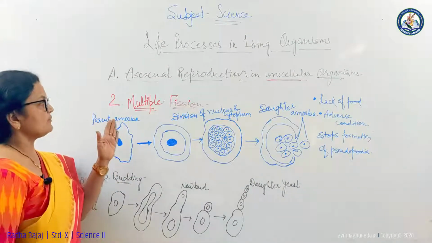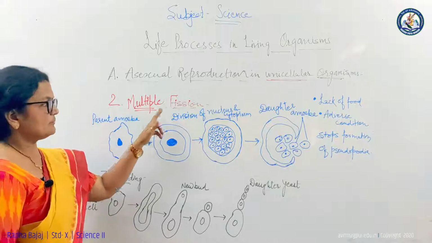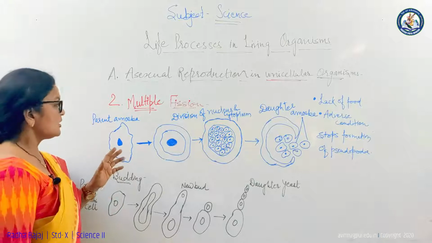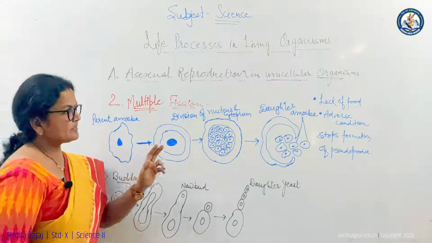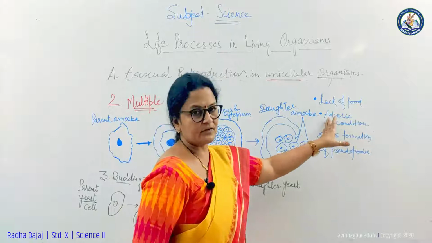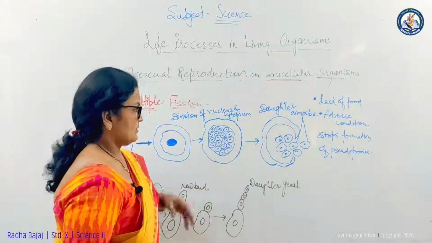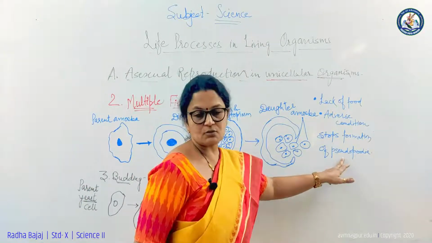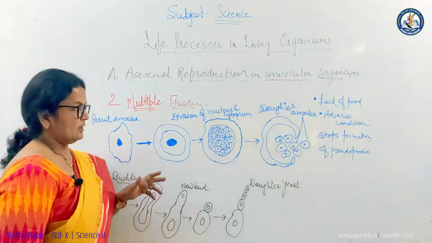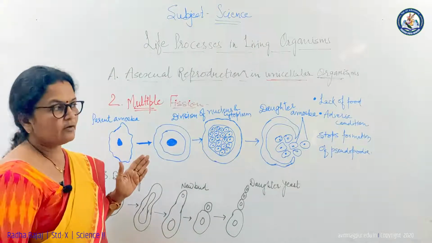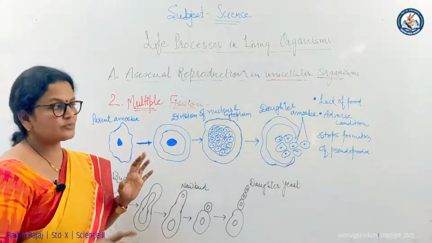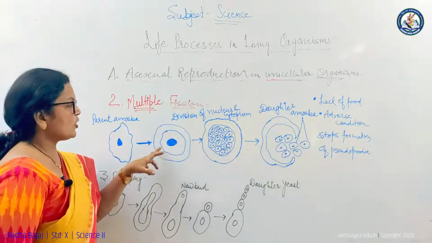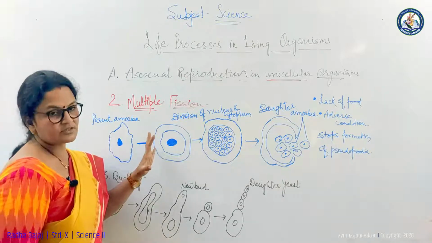Now we will see the second type of fission, that is multiple fission. In unicellular organisms like amoeba and other protists, during unfavorable conditions, meaning when there is a lack of food or any adverse condition, amoeba stops the formation of pseudopodia. What are pseudopodia? Pseudopodia are locomotory organs. मतलब during lack of food or any adverse condition, amoeba stops the formation of pseudopodia, and the plasma membrane forms a hard covering which is called a cyst.